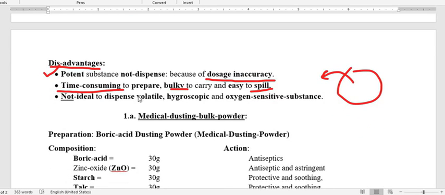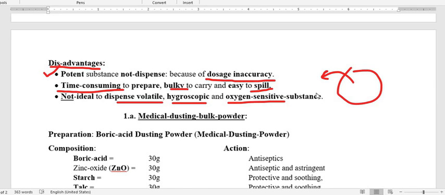This is another reason: other compounds like volatile compounds, hygroscopic compounds, and oxygen sensitive compounds are not ideal for making powder. Why?